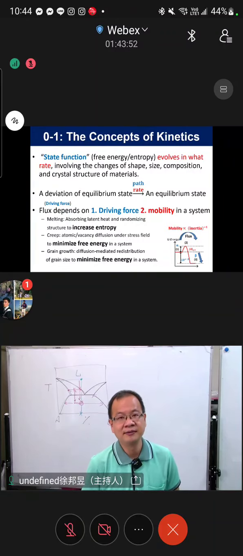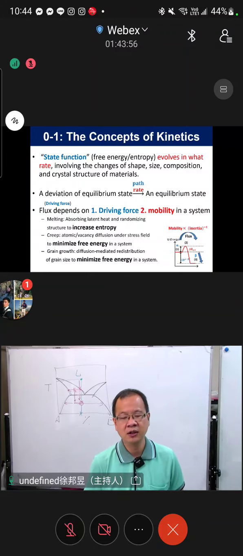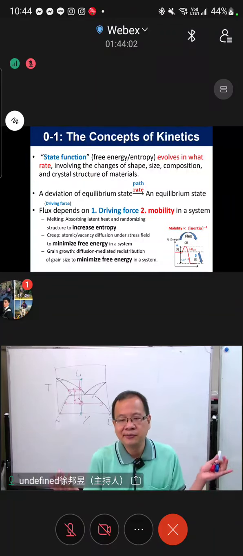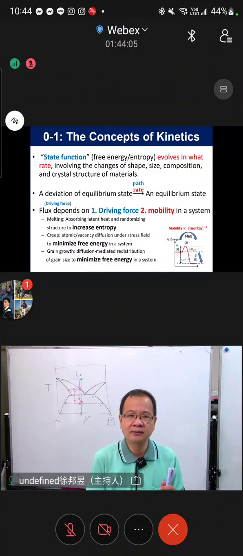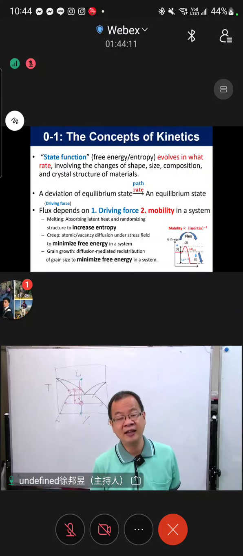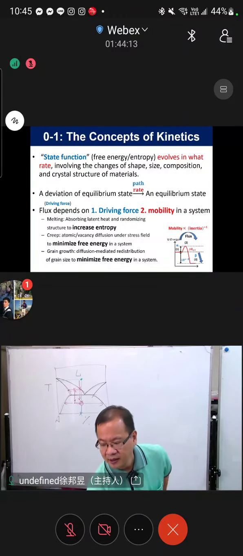And the system tries to minimize the energy. That's why atoms try to diffuse to lower the total free energy in the system. And that's what kinetics is all about. Whether they want to happen or not is defined by thermodynamics. How they happen, at what speed and how fast they can move, is defined by kinetics.